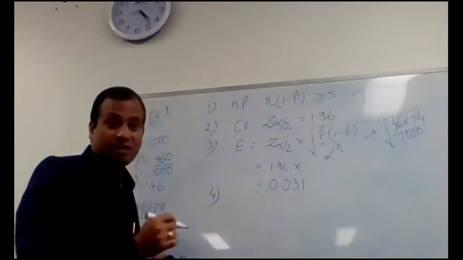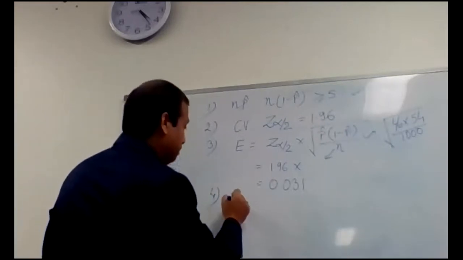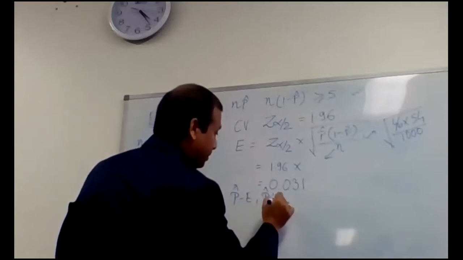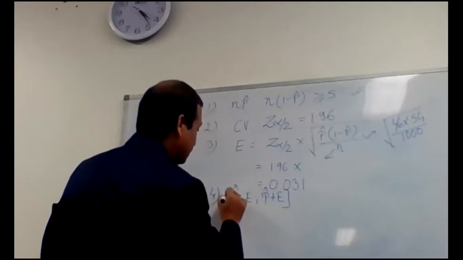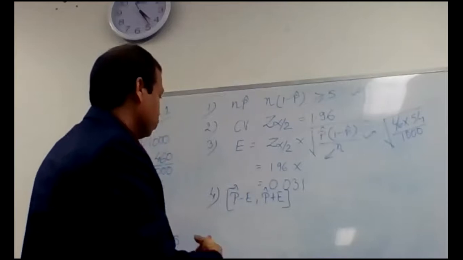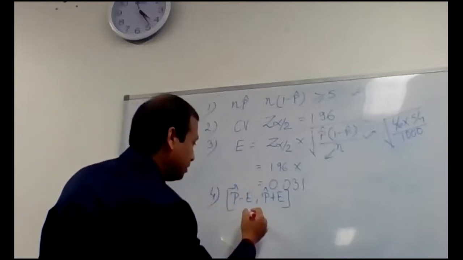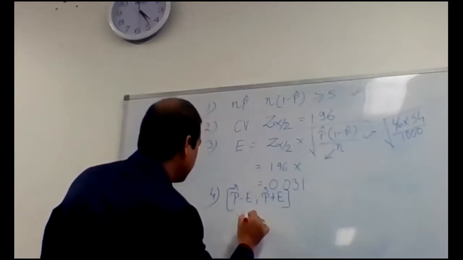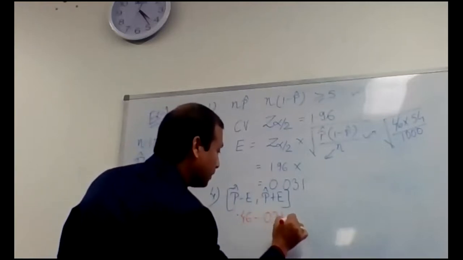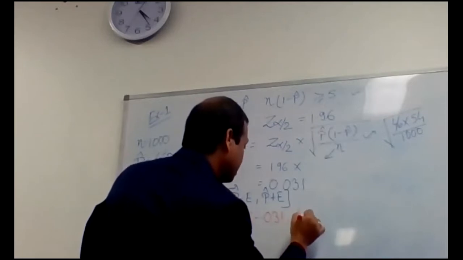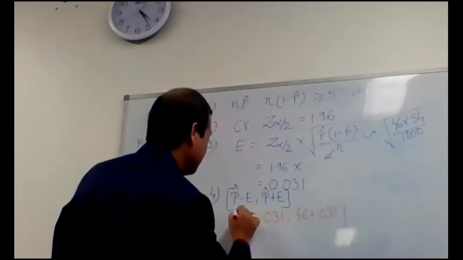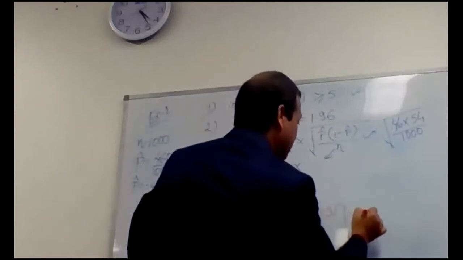The fourth step is you need to find P hat minus E and P hat plus E. So P hat we have 0.46, so that is 0.46 minus 0.031, comma, 0.46 plus 0.031. So what is the confidence interval?